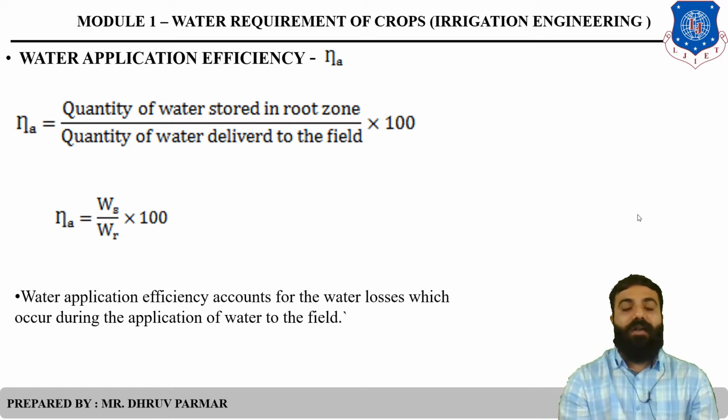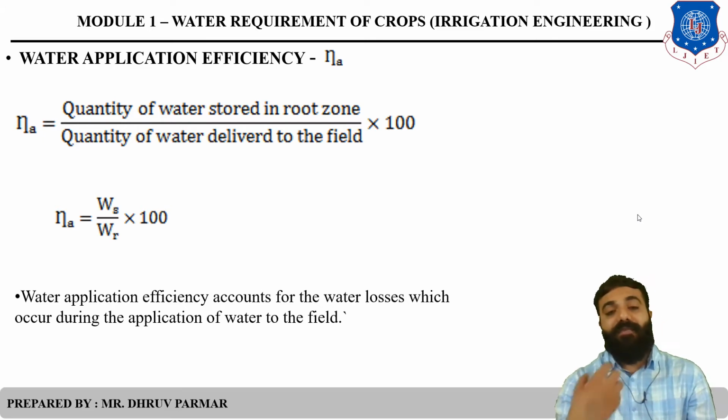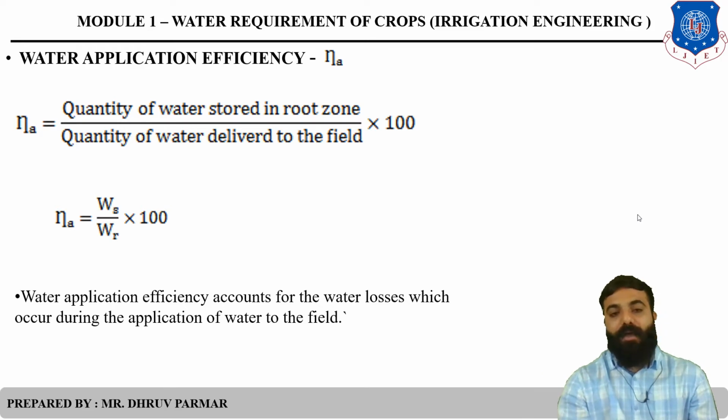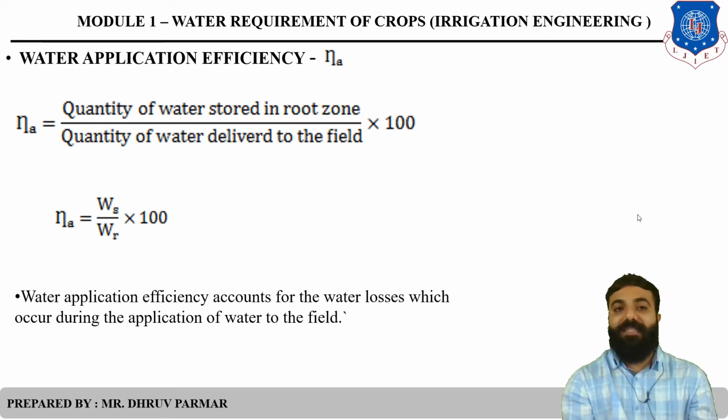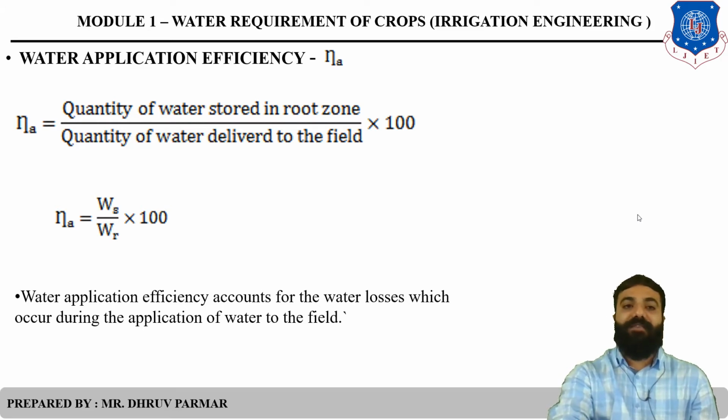So we have water at the field, then we supply water to the particular crop. That is called application. That indicates which method is best for the application. By the water application efficiency, we can easily say that drip irrigation and sprinkler irrigation have maximum application efficiency.